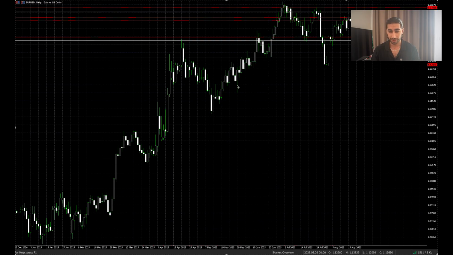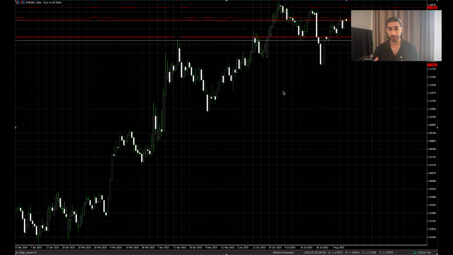A daily candle is 24 hours, right? So it has six 4-hour candles, 24 1-hour candles, and so on and so forth. Sometimes you might target areas or enter at certain price levels that would allow you to make a profit.